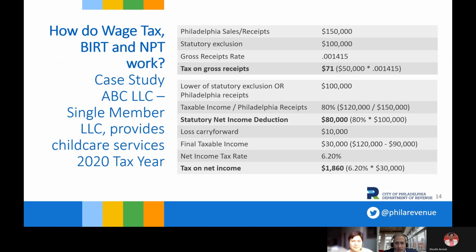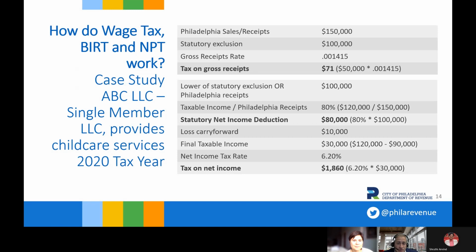First, you need to calculate a statutory net income deduction, which corresponds to the $100,000 exemption. We're not going to get into the calculation of that here, but it is an important deduction that needs to be taken against income. In this example, that statutory net income deduction is $80,000. Then the taxpayer also has a net operating loss carry forward from a prior period or periods of $10,000.